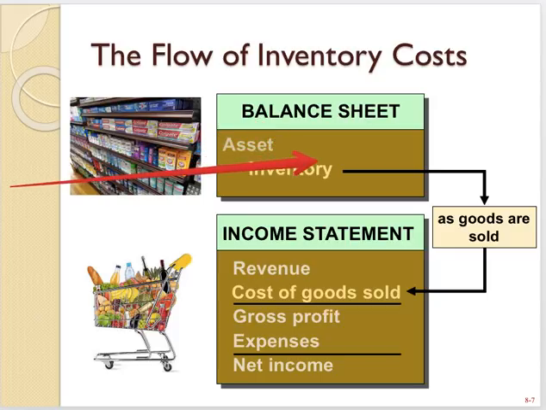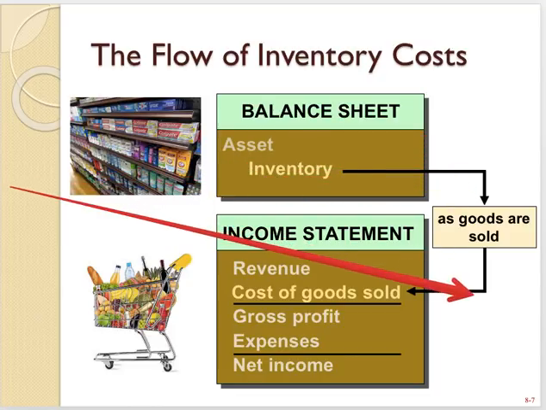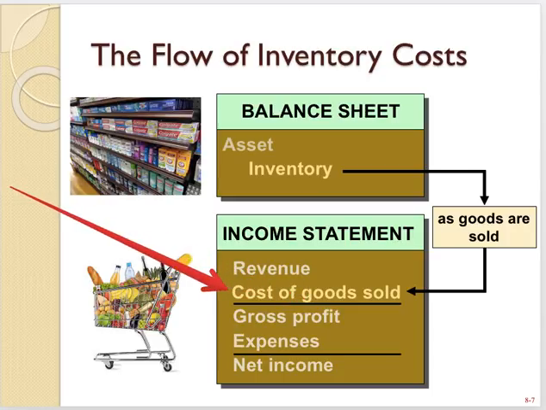But then once the goods are sold, the asset goes away, right? Because now the asset is with the customer. And so we have to take that inventory off of our balance sheet and move it to a new account called cost of goods sold. So cost of goods sold is the cost, meaning the amount that you bought it for, of the goods that you sold.